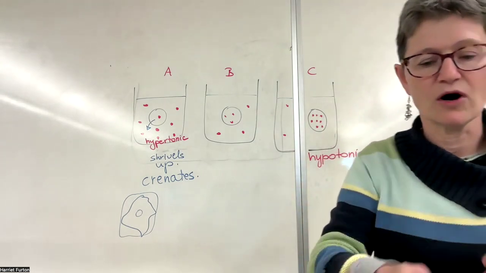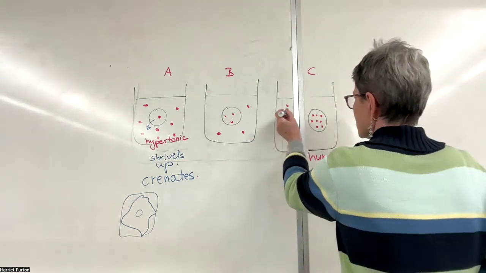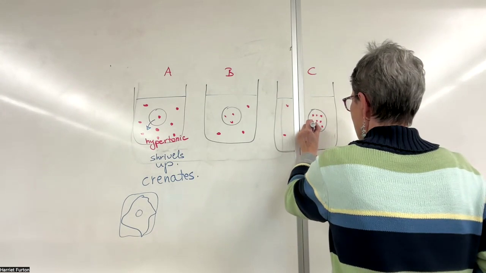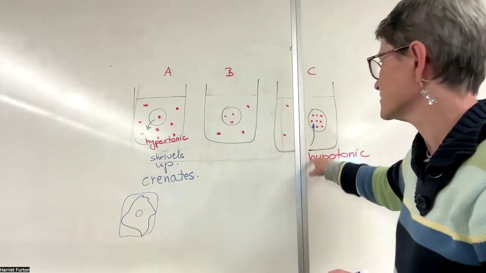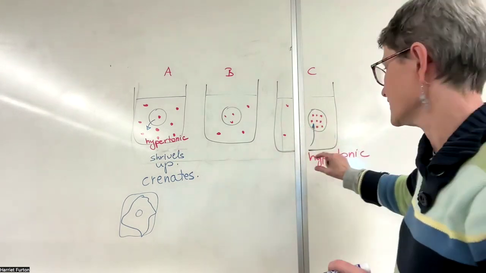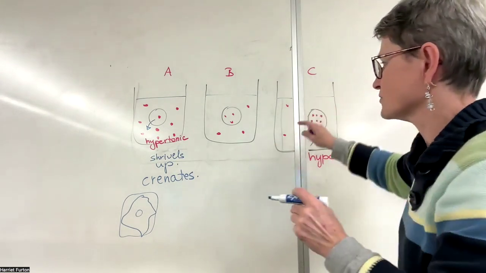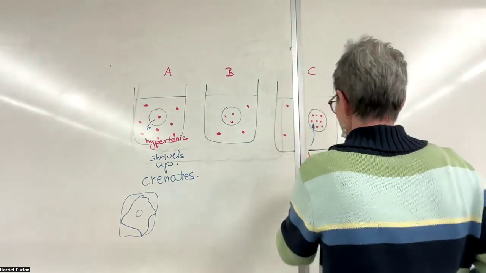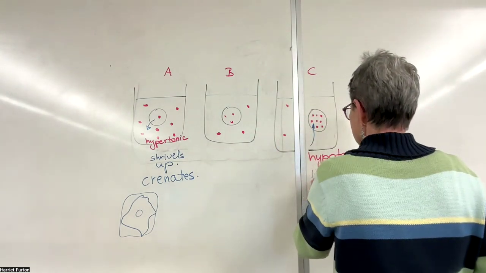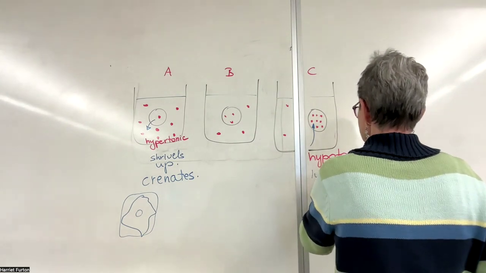In this case, the water will go inside of the cell because water moves from hypotonic to hypertonic area. So the animal cell without cell wall will lyse. This is burst.